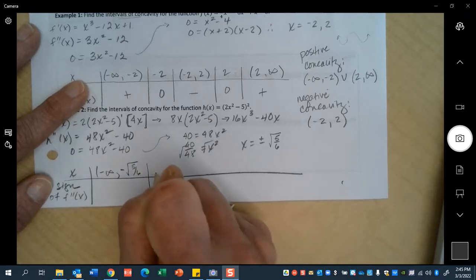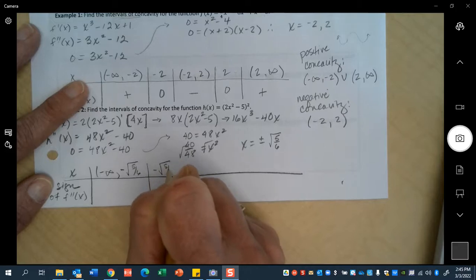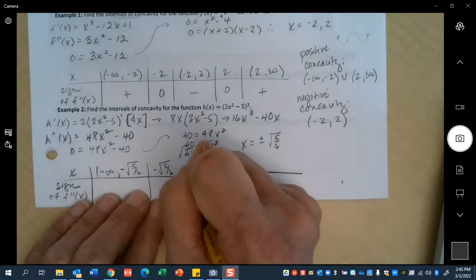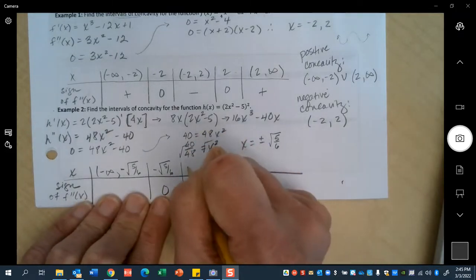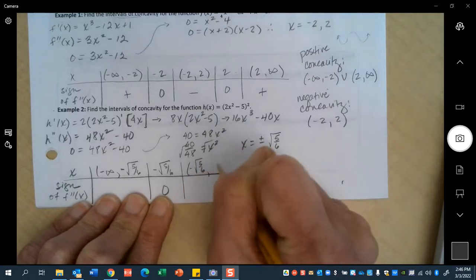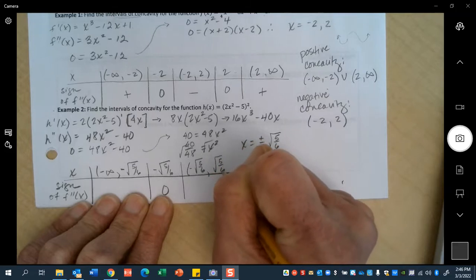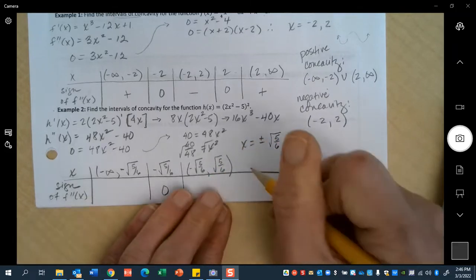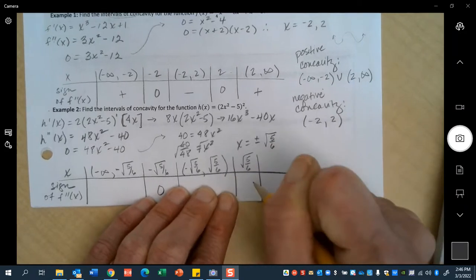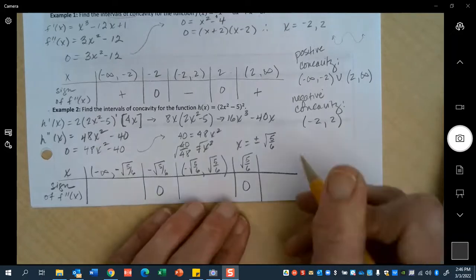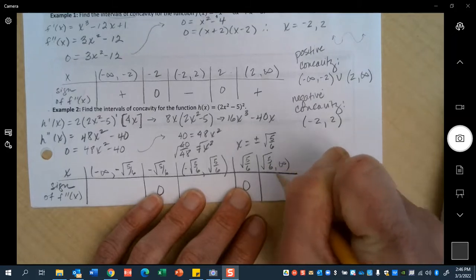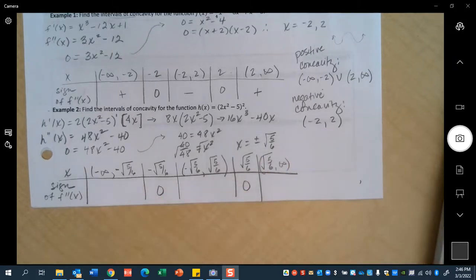The opposite of the square root of 5/6 gives me a second derivative equal to 0. Then the interval of negative square root of 5/6 up to, but not including, positive square root of 5/6. Then the square root of 5/6, and I already know that one's 0. And then the square root of 5/6 on the interval up to infinity.